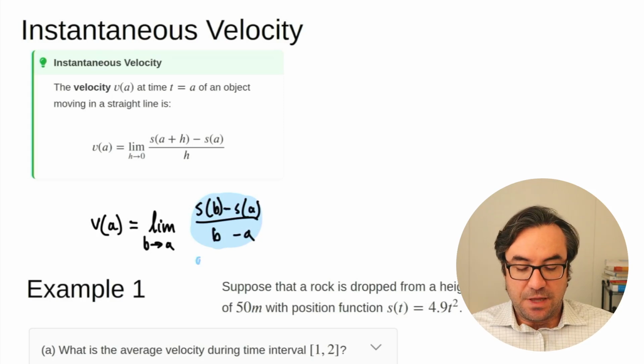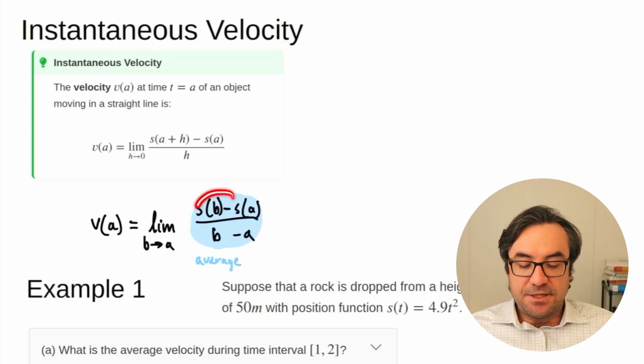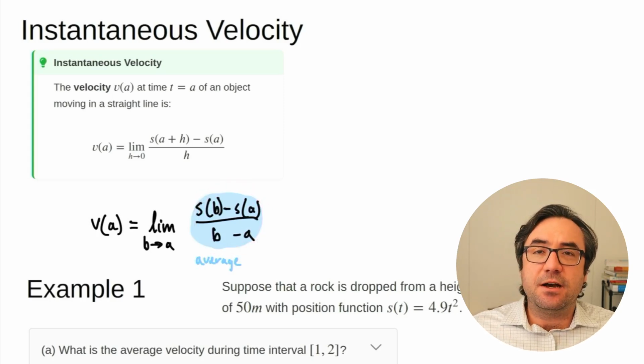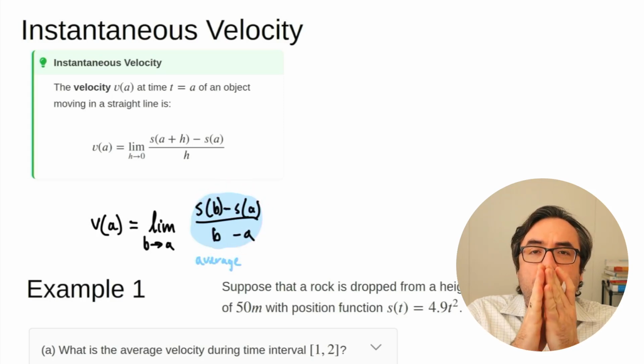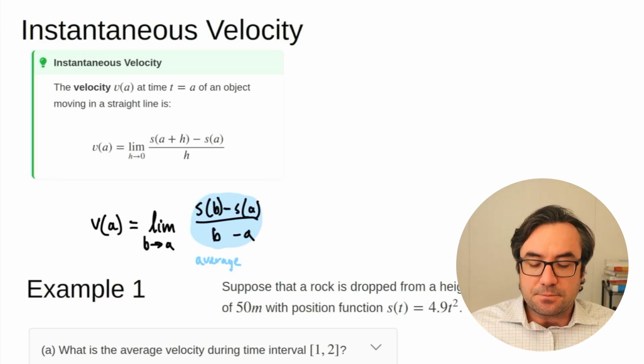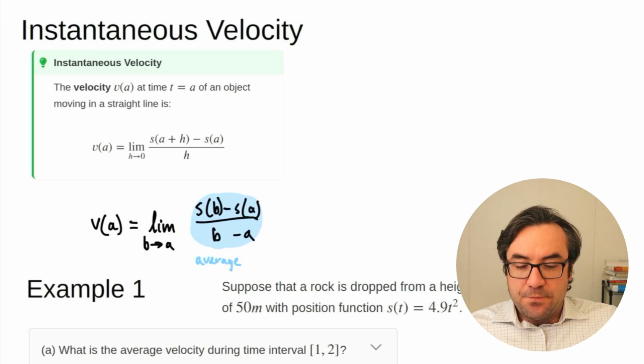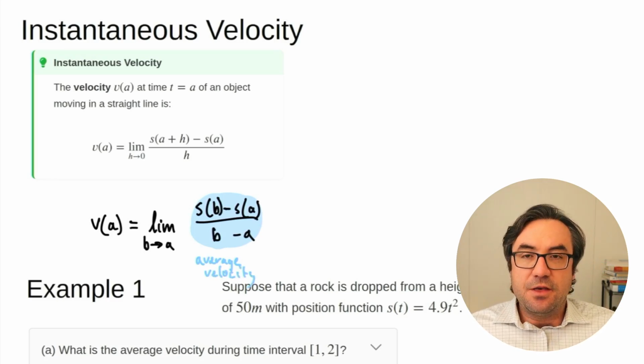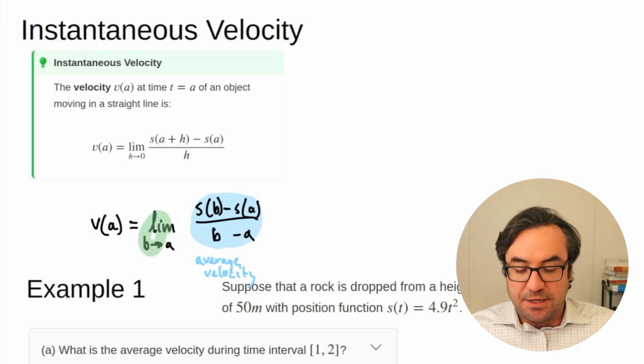This gives us a pretty good idea of how fast we travel, but over kind of an extended interval of time. What we're going to do is shrink that interval of time. We're going to shorten it up. And that's what this limit does.